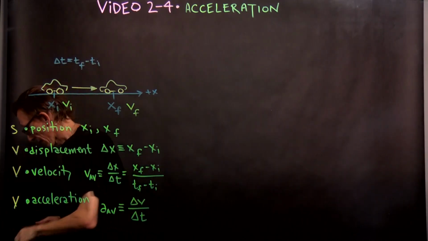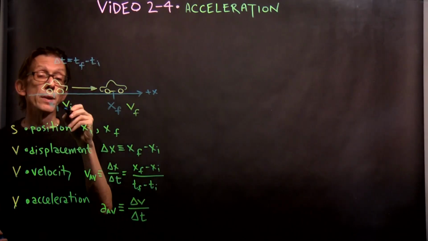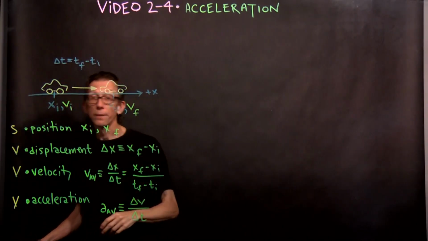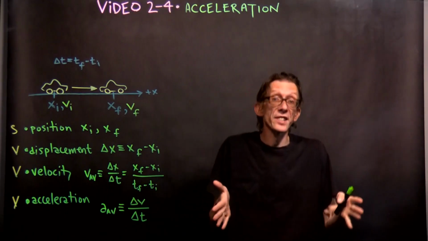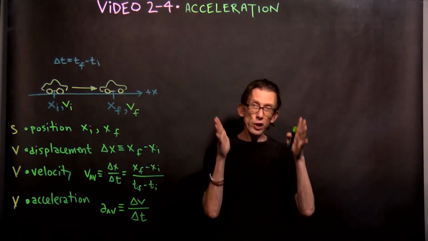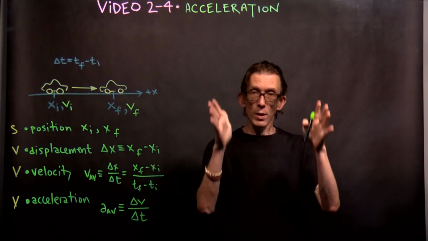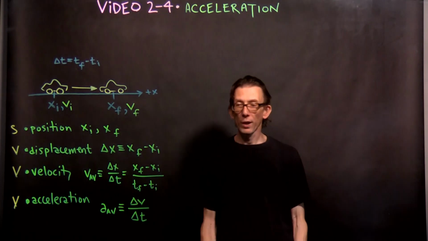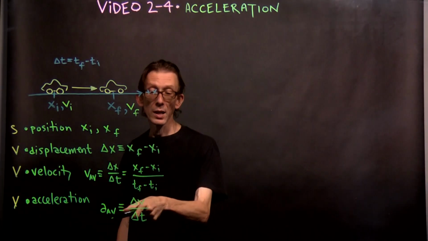So it's xi and vi, xf and vf. The car's velocity can change. When you have a changing velocity, you have an acceleration. Acceleration is a change in velocity over time, as you can see here.